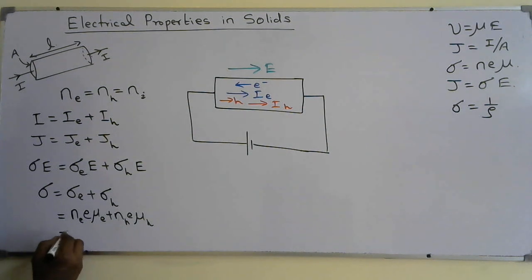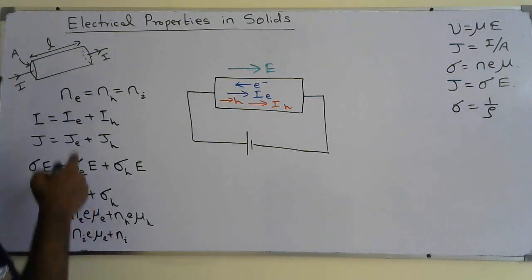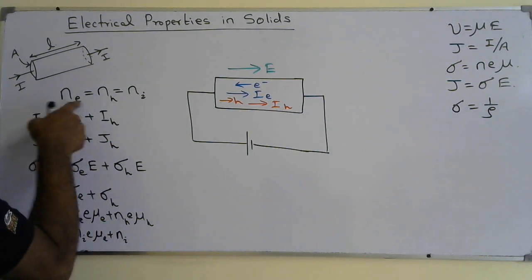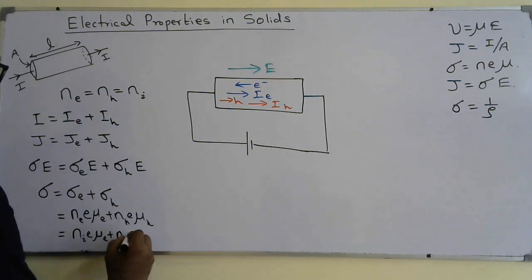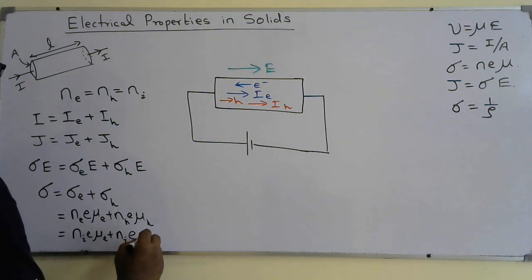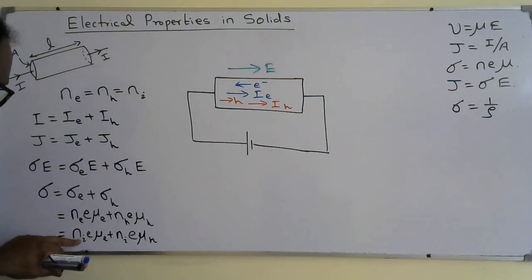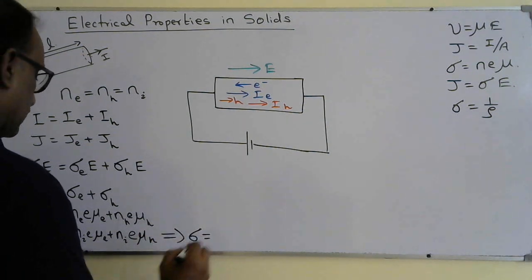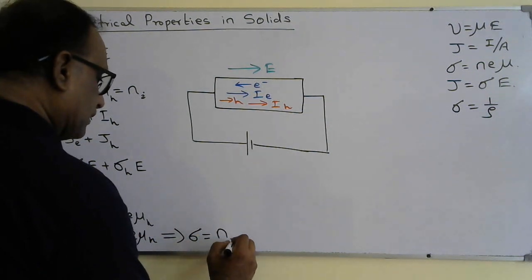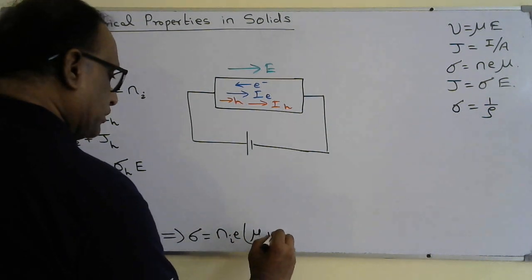So Ne I can replace by Ni e mu e plus Ni again, because Ni, Ne and Nh will be the same, which is equal to Ni, where i stands for intrinsic, e mu h. So I can take Ni e outside, and it will become sigma equal to Ni e into mu e plus mu h.